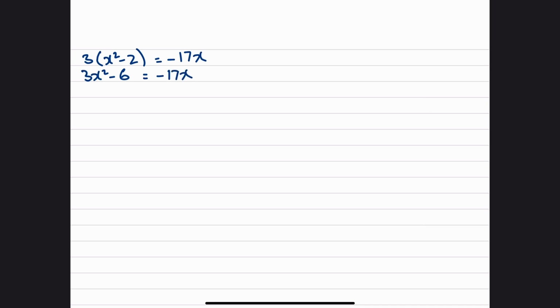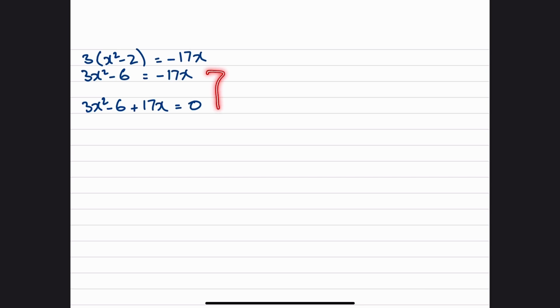Now what we need is our entire expression on one side and a 0 on the other side. So how we do that is we bring minus 17x to this side of the equation and its sign will flip. So we get 3x squared minus 6 plus 17x equals 0.